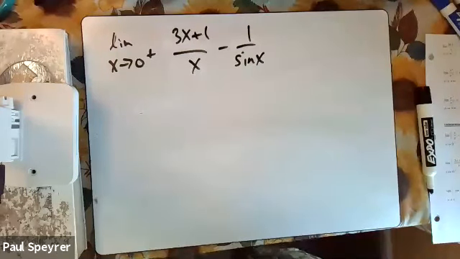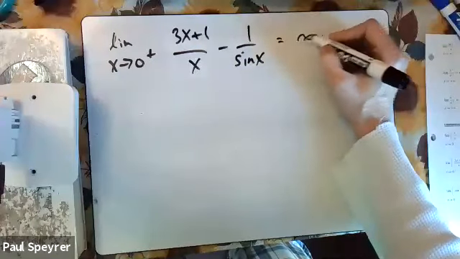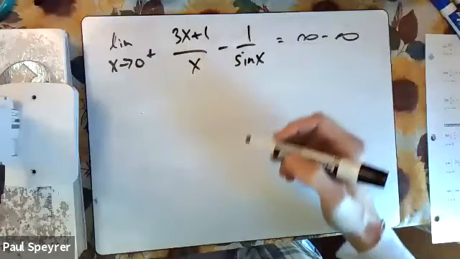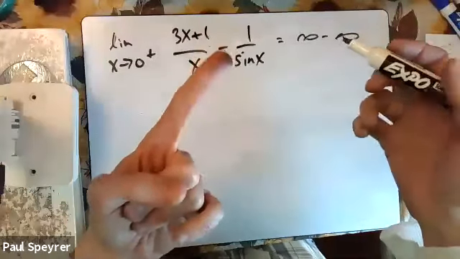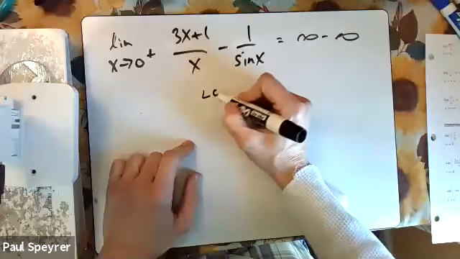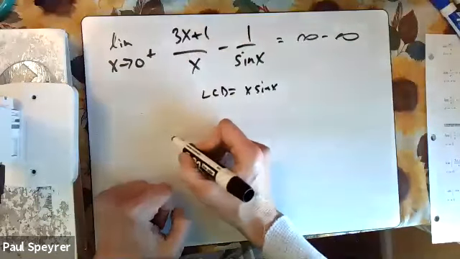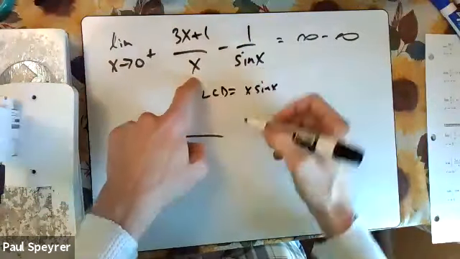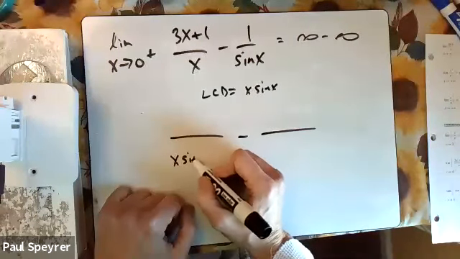So again, we're going to wind up with some variation of infinity minus infinity. We need to rewrite it as one term. So what's the LCD right here? It's just x sine of x, right? It's the product of all your unique terms in your denominator.